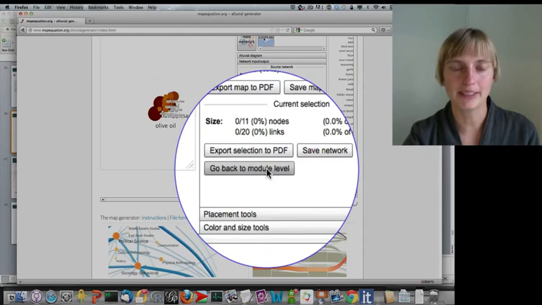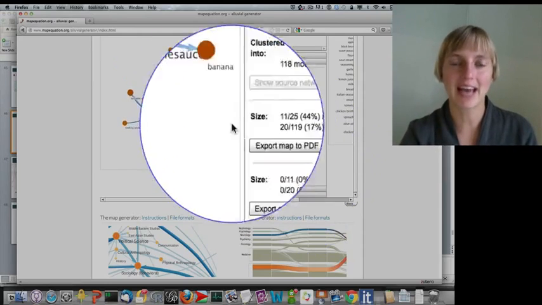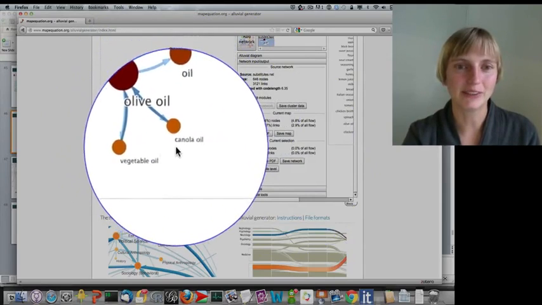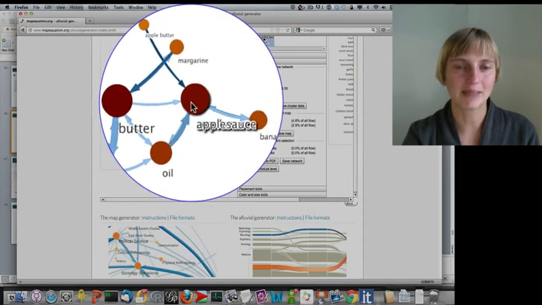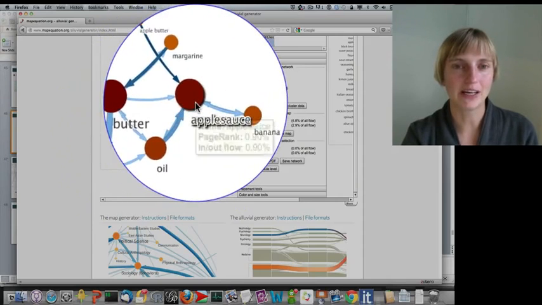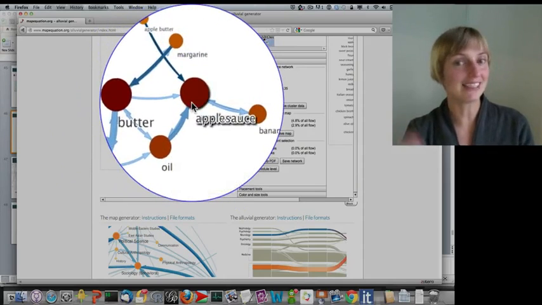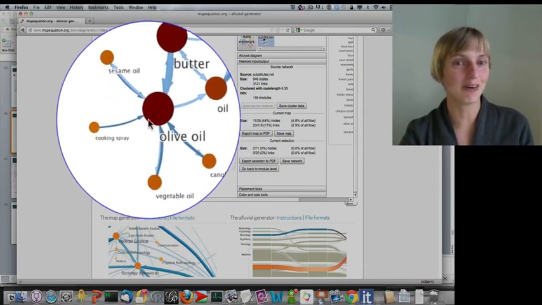Explore subnetwork. Cool. So here we have the subnetwork of the most common substitutions. It looks like maybe applesauce is common both for butter and oil, but not, as I said a second ago, for olive oil, right?